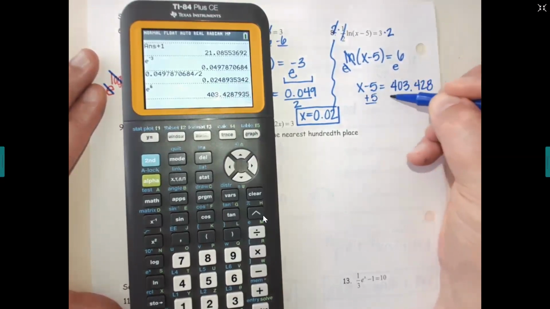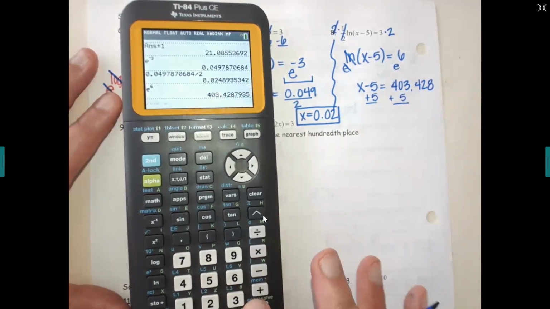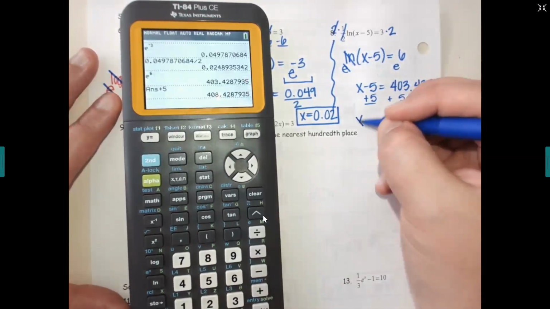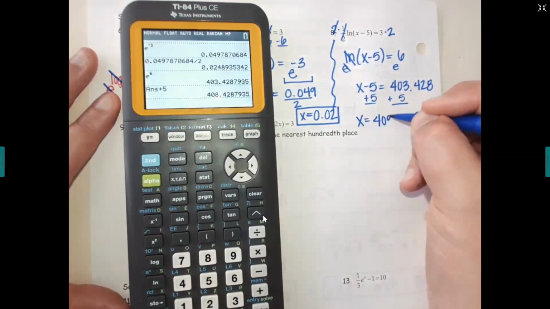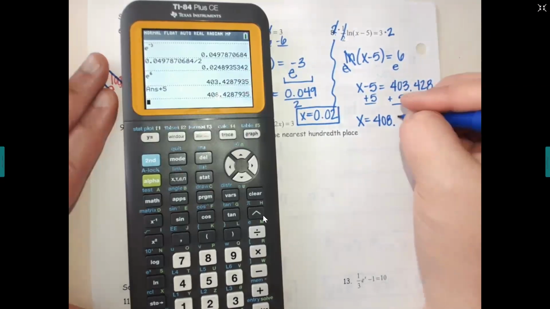Plus that 5 over. So 403 plus 5 is going to go to 408. Now let's round it. Remember, 2 decimal places. So if it's a 0.42 followed by an 8, are we going to keep 0.42 or go up? Go up to 0.43. Okay.